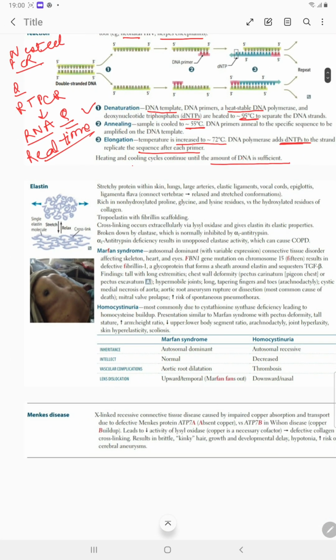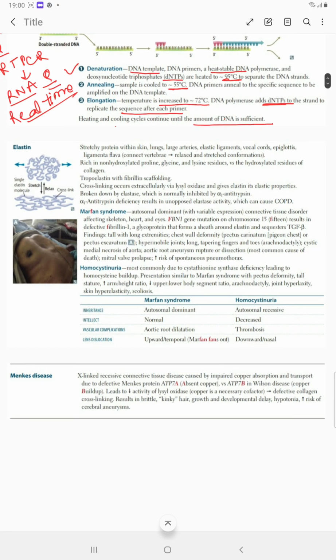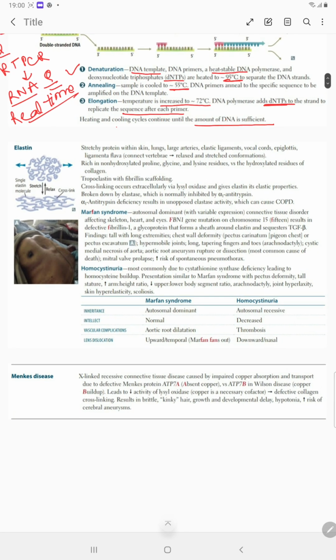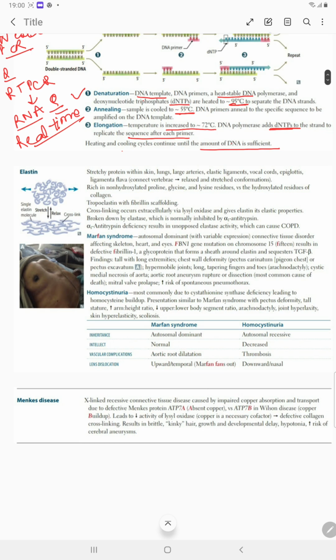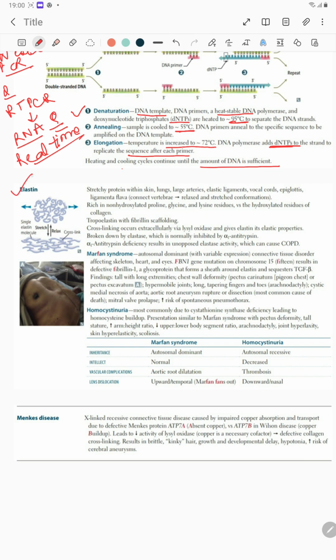Next topic is elastin. Elastin is mainly found in skin, lungs, large arteries, elastic ligaments, vocal cords, epiglottis, and ligamentum flavum. A PYQ question: ligamentum flavum contains the maximum elastin fibers.